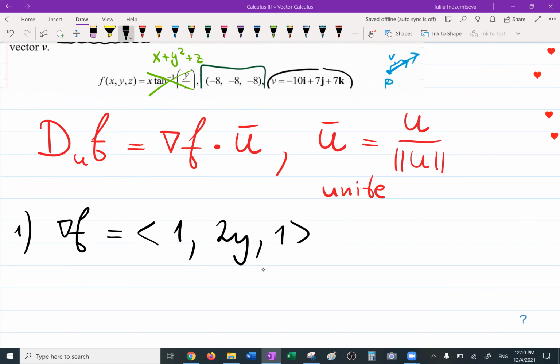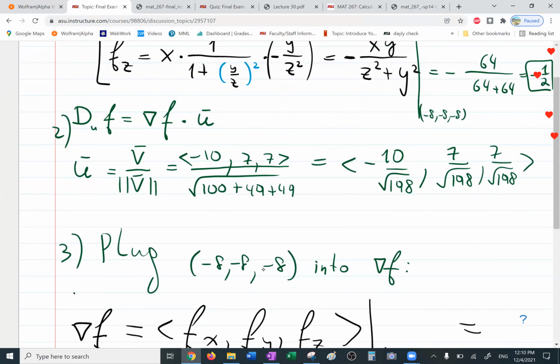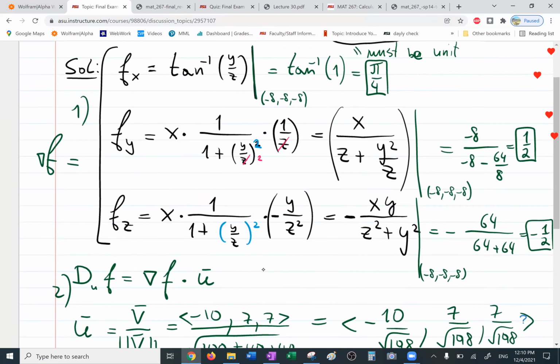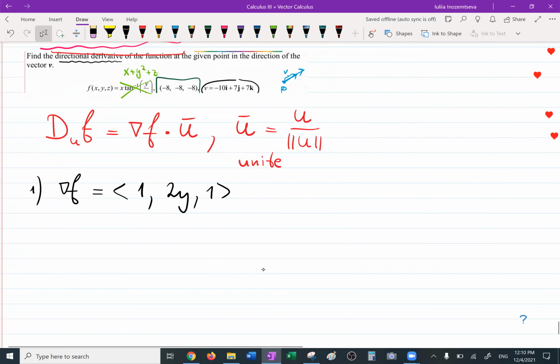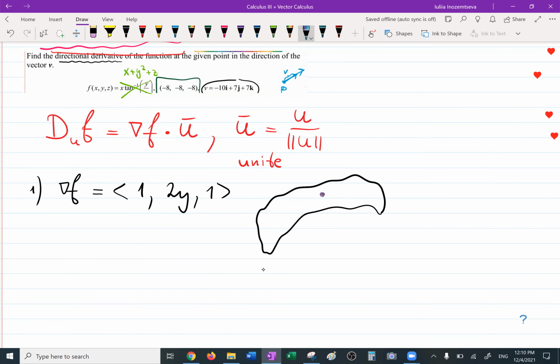Nice, that was good. Now, when you found this, don't forget, we need to find it at the point, because the idea of the directional derivative is there's some kind of surface floating around. The point is given, -8, -8, -8. The function is given. We found derivatives of that function, and then the direction says there.